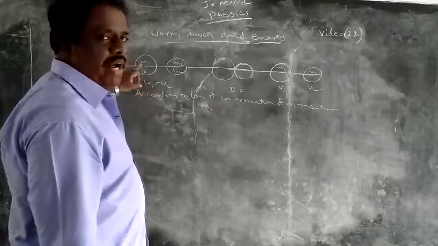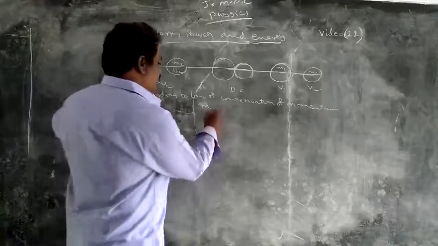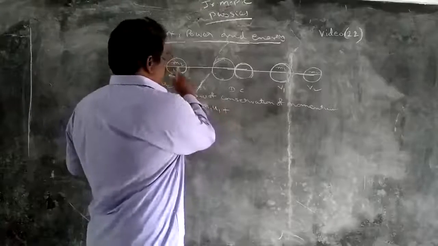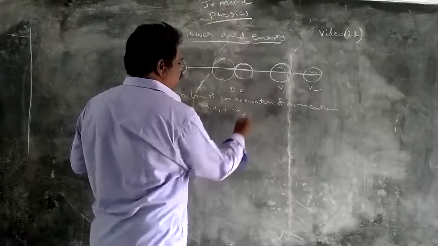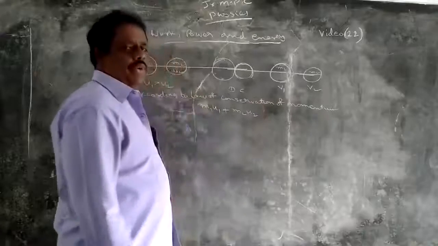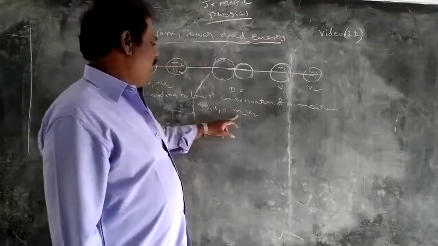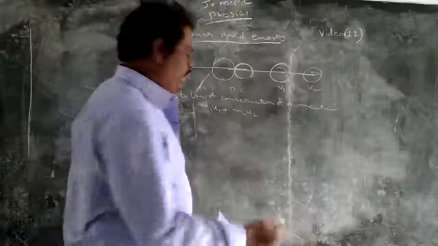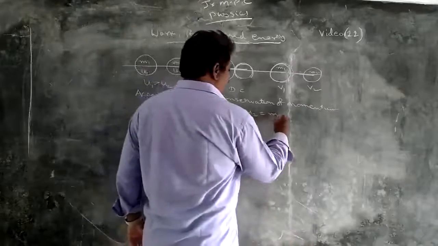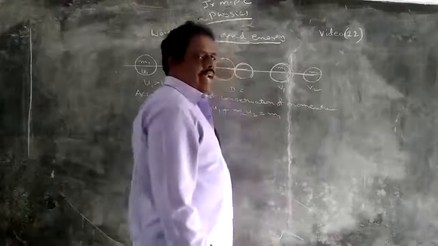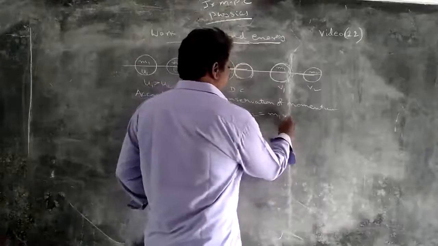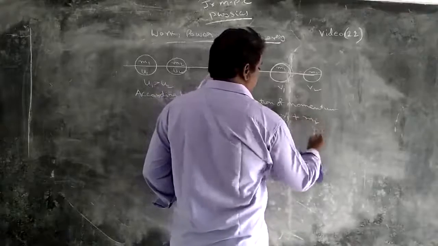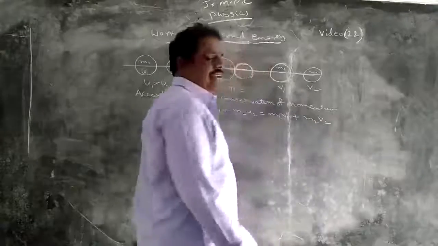For the first ball, m1 u1, plus for the second ball, m2 u2. This is equal to the momentum after collision: mass of the first sphere m1, final velocity v1, plus mass of the second sphere m2, final velocity v2.